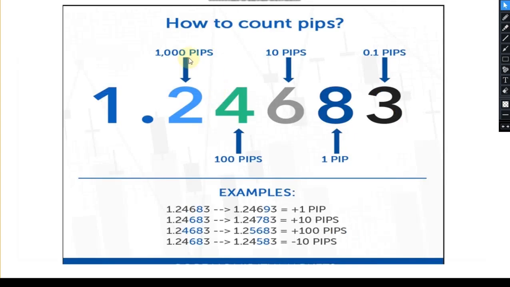Okay, so now to make it more clear, look at this. This 3 represents 0.1 pips. So it's not up to 1 pip. So until it gets to 0.2, 0.3, 0.4, 0.5, 0.6, 0.7, 0.8, 0.9. So once it gets to 10, it will turn to what? 1.0. So that 1.0 is what will come to this point now.